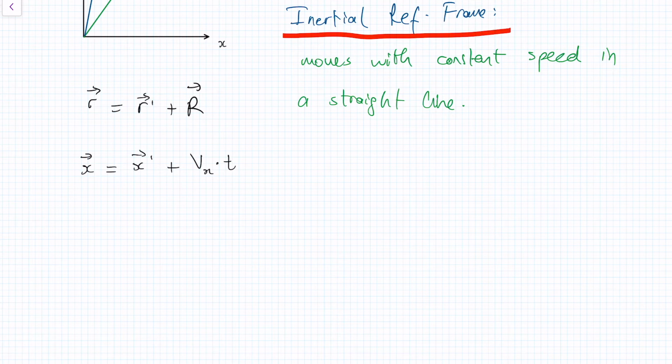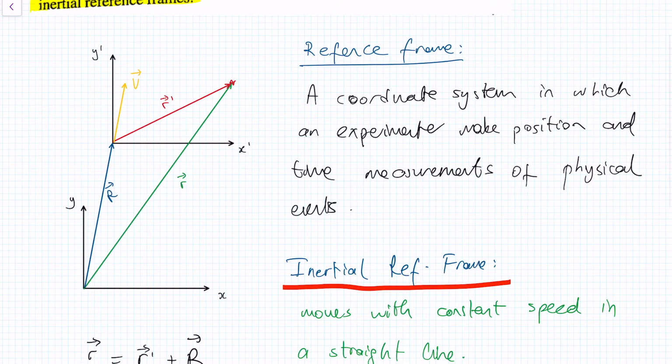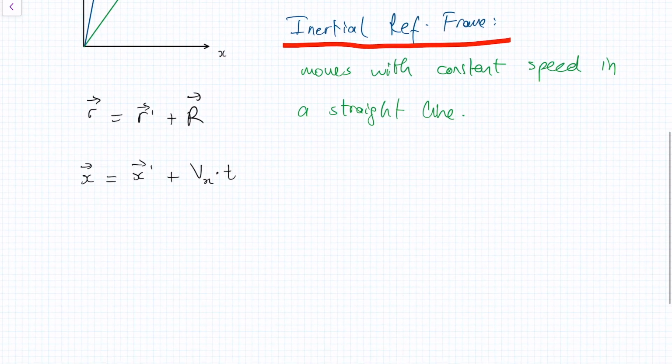Why is that? Because we're assuming one observer to move at a constant velocity with respect to another observer. So we're using this very simple and basic GCSE formula.